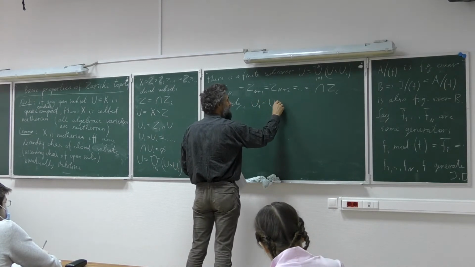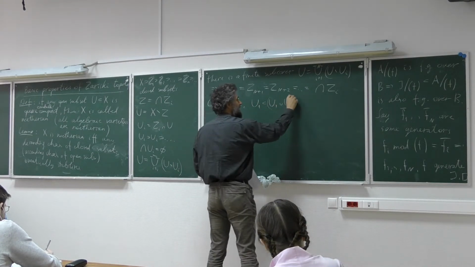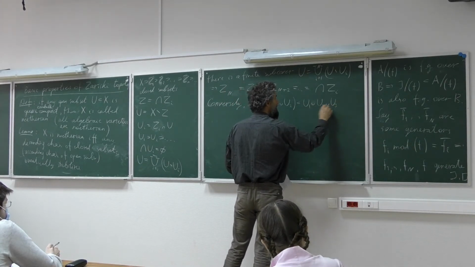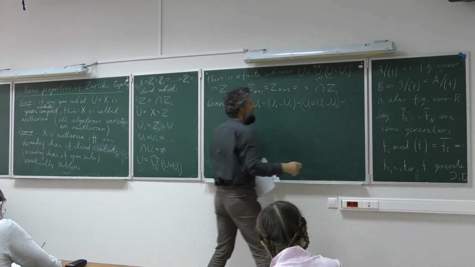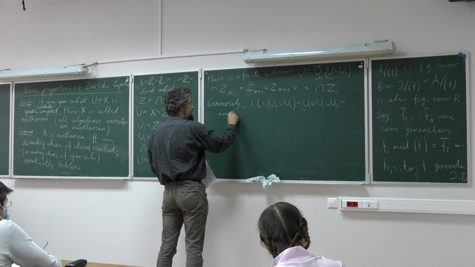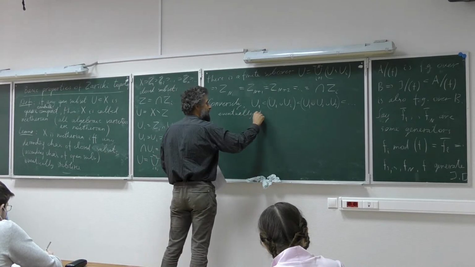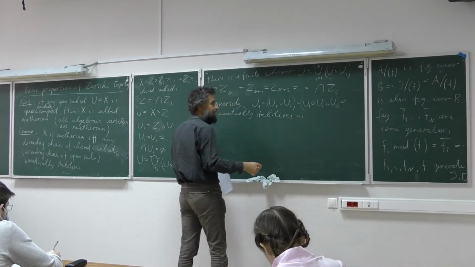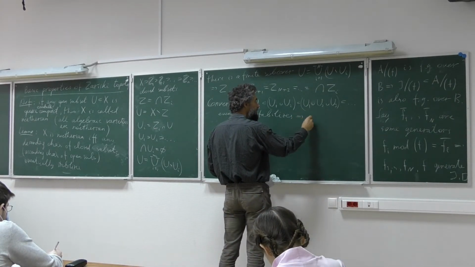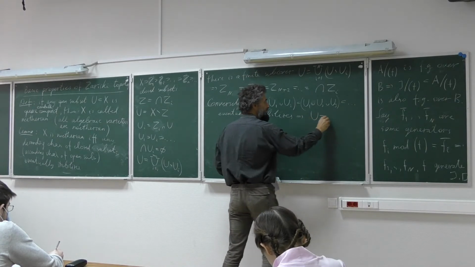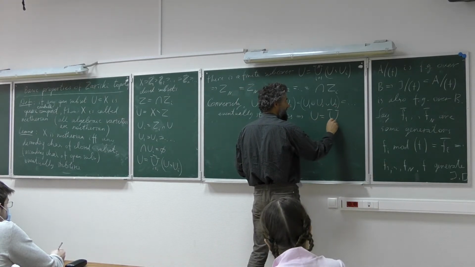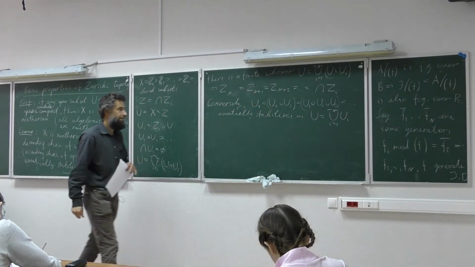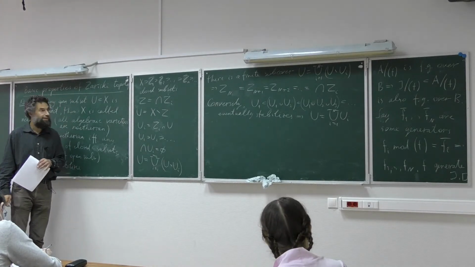U1 in U1 union U2 in U1 union U2 union U3 eventually stabilizes. And hence the whole thing U is the union of the Ui's. Okay, fine.